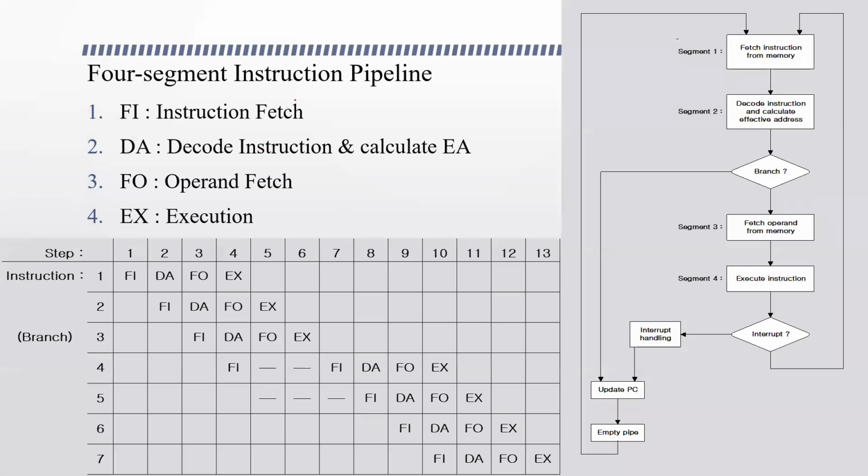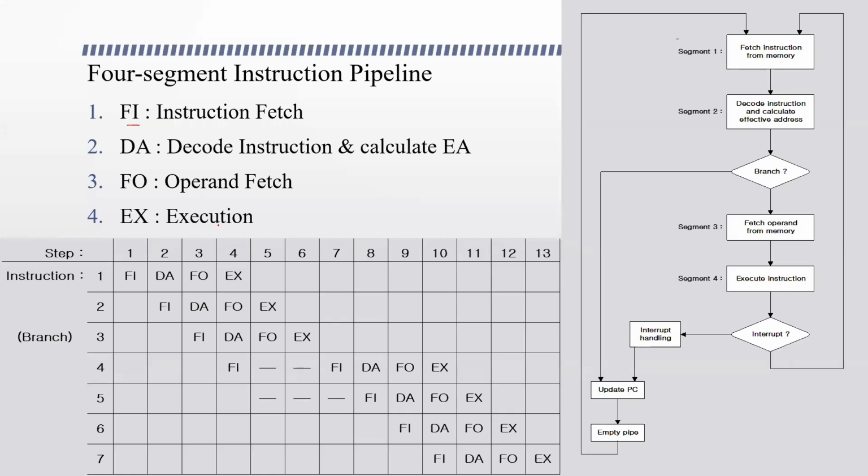So here in this 4-segment instruction pipeline, the sub operations are: instruction fetch, denoted as FI here. The second sub operation is decode instruction and calculate the effective address, DA. The third sub operation is operand fetch, FO, fetching the operands for execution.